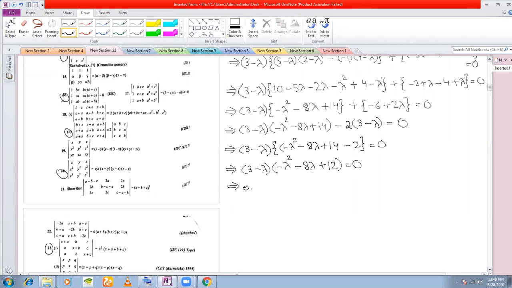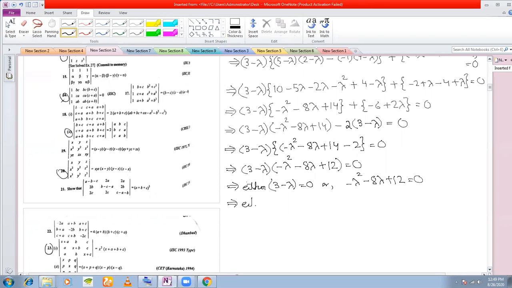That means either 3 minus lambda is equal to 0 or minus lambda square minus 8 lambda plus 12 is equal to 0.